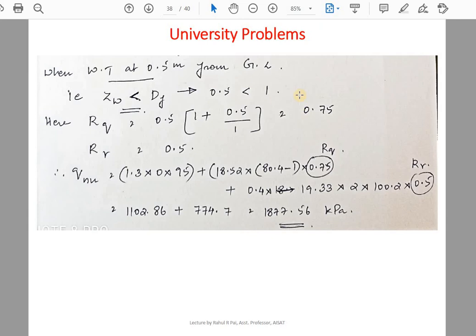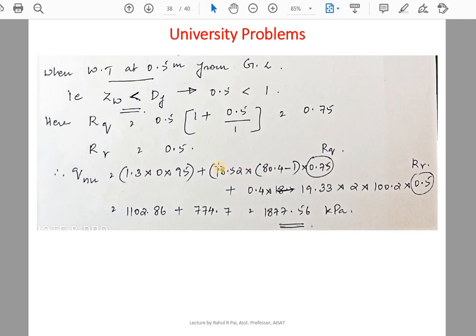Now in this case RQ is 0.5 for the second term and R gamma must be 0.5 for the third term, because the soil below the foundation is already submerged. So here the first term is already 0. Moving on to the second term, it is gamma.